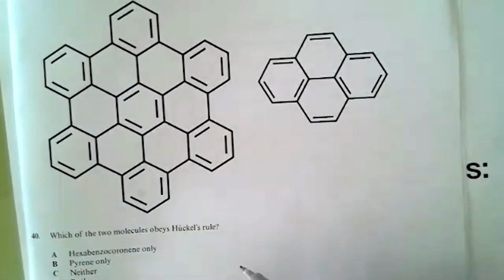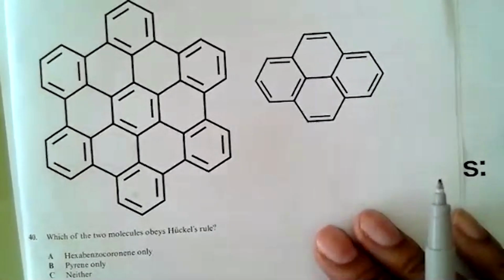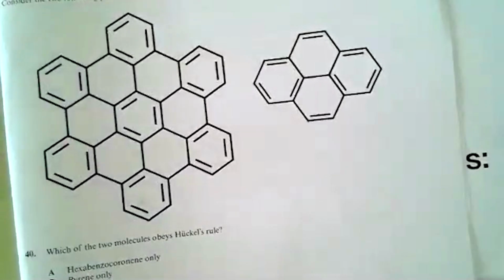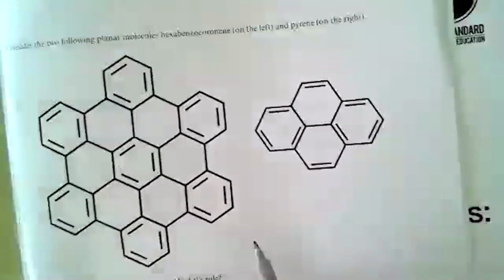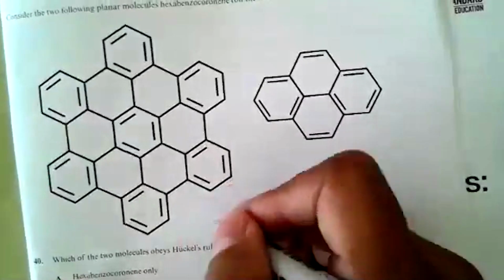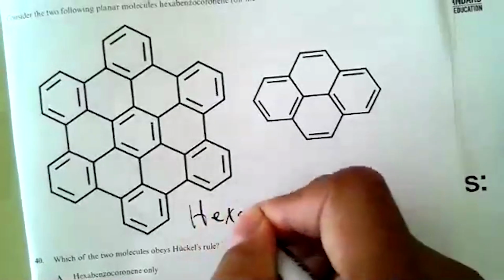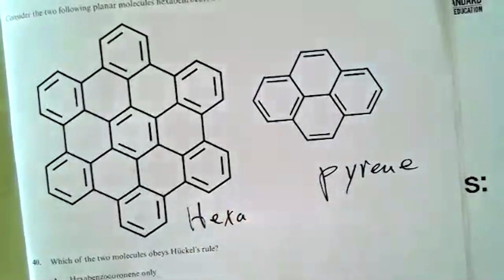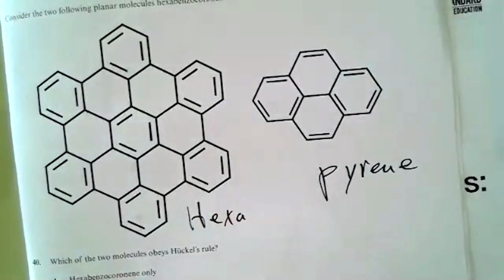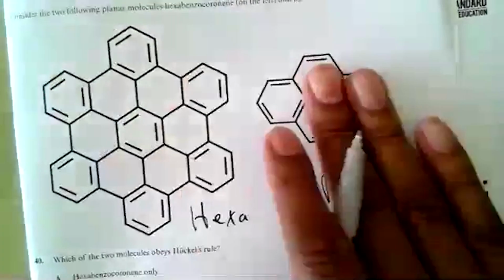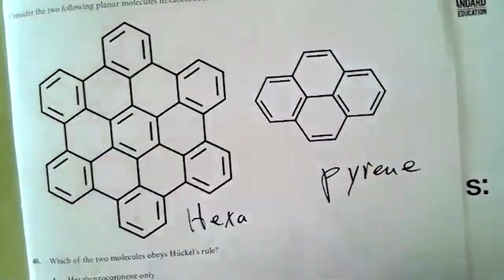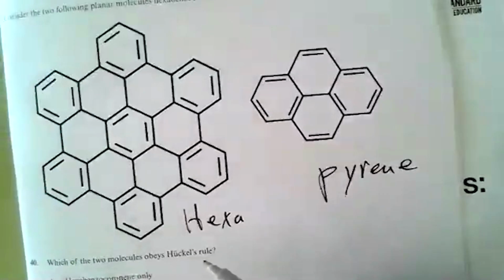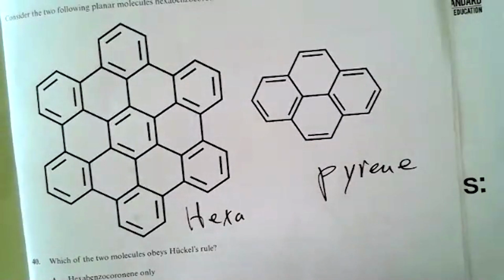Okay, so which of the two molecules obeys Huckel's rule? We've already been told that this is the hexabenzochroinine molecule, and this is pyrimine. And so we have the two rules. We've been told that these are flat, so we ignore that. We should check to see that it's fully conjugated.